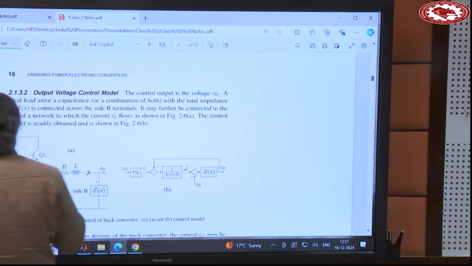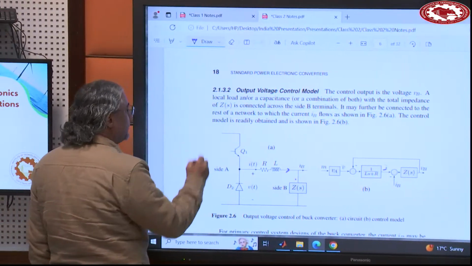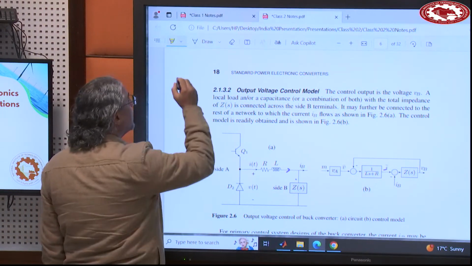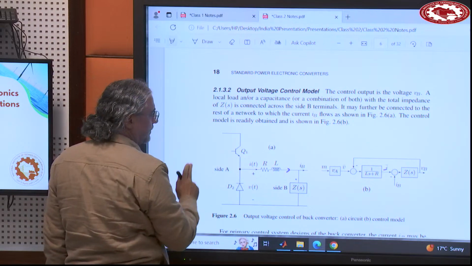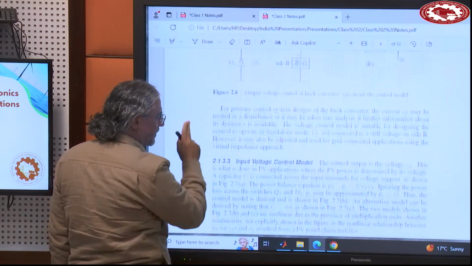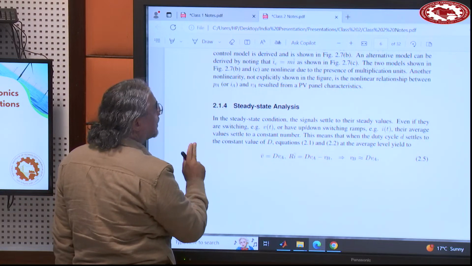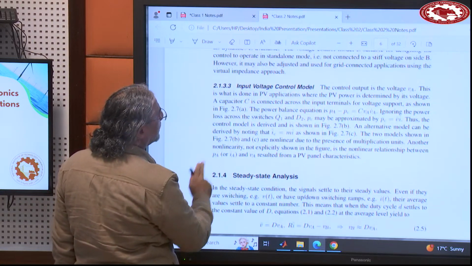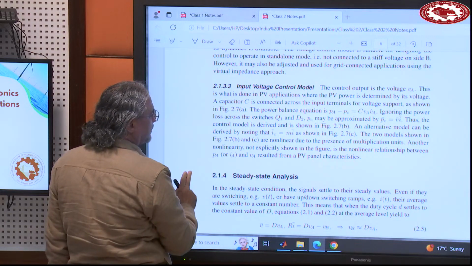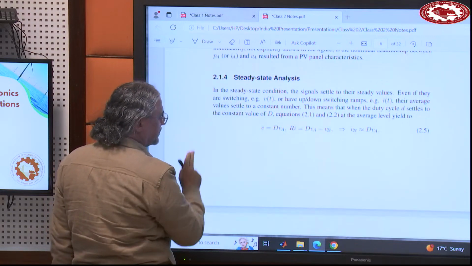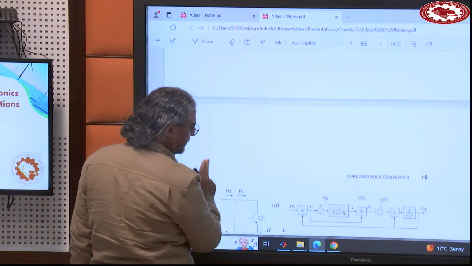The other option is if you want to control the input voltage. Let's see how you do that. I think, yeah, input voltage control. This is the diagram, it's on the next page.